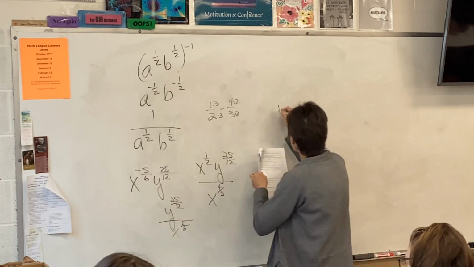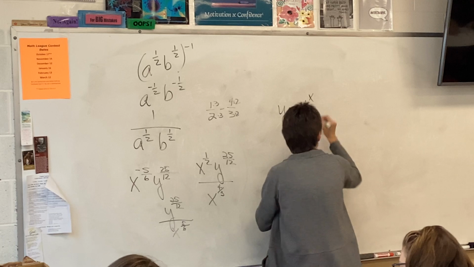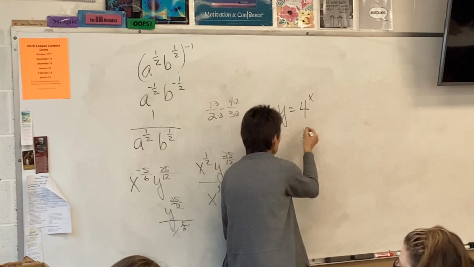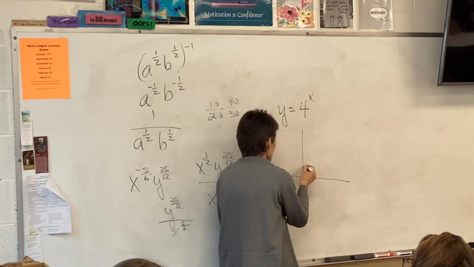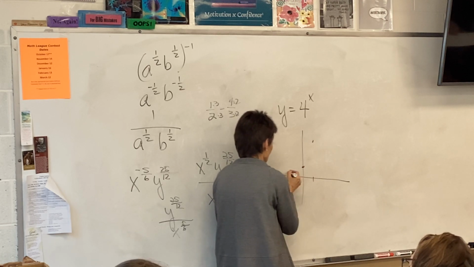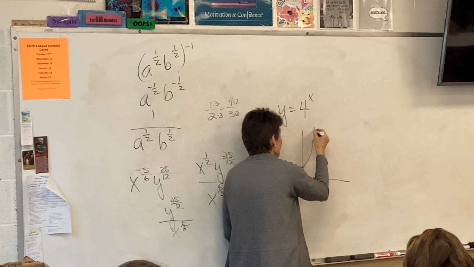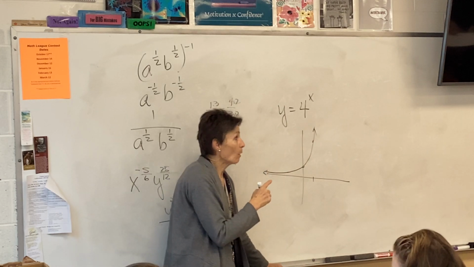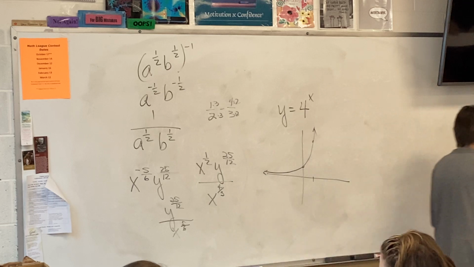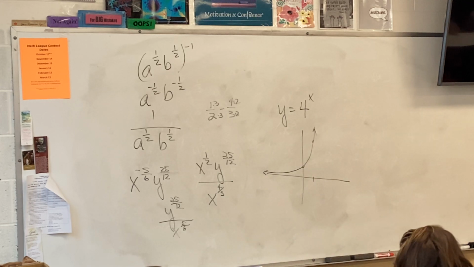The original graph is y equals 4 to the x. You know what that looks like. It's an exponential growth problem, right? Now, what happens when you add 2 to that exponent? Think about that for a second.